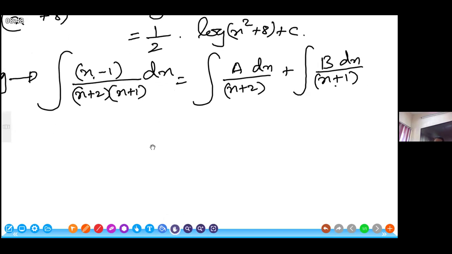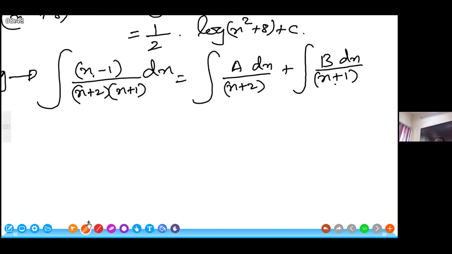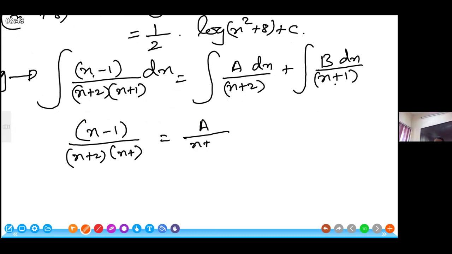In another term, if you remove the integral sign, we could say x minus 1 divided by x plus 2 into x plus 1 is equal to a divided by x plus 2 plus b divided by x plus 1. So we can write it like this.